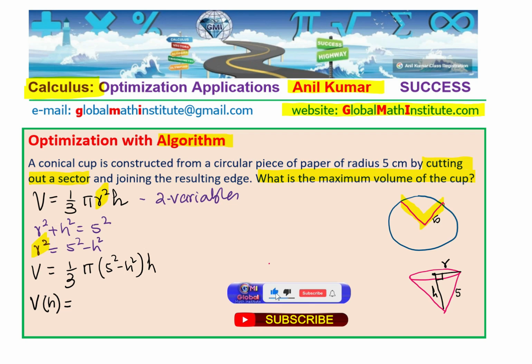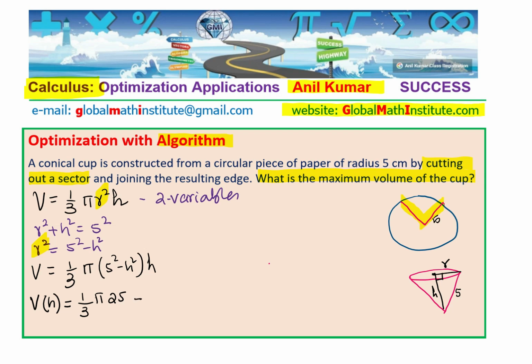Let's open the bracket just to simplify it further. So 1 by 3 pi, 5 square is 25, right? Minus 1 by 3 pi and h also, right? Just multiply with h and 1 by 3 pi h cube. Is that clear to you? So we have our expression, now we know what the volume is.